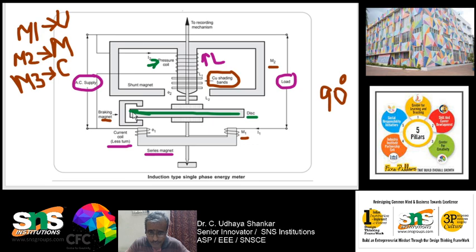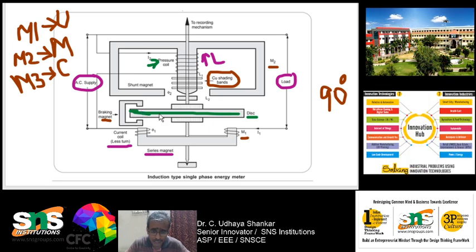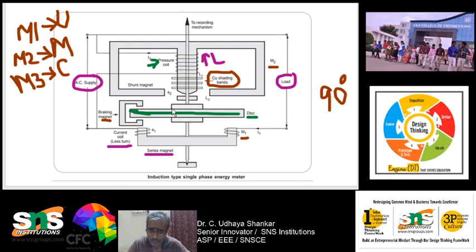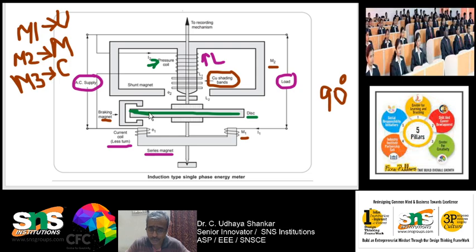If I bring the braking magnet near the aluminum disc, the braking effect will be there, and the aluminum disc rotates very slowly. If I bring the braking magnet far away from the disc, then the aluminum disc will rotate fast. So, I can adjust the braking magnet to adjust the aluminum disc speed. That is what this braking magnet is all about.